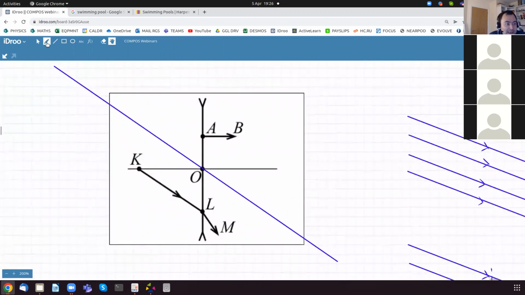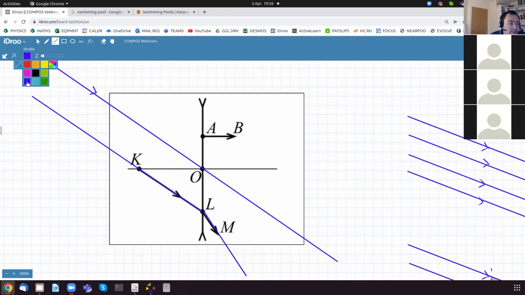So you can see that KL is parallel to this ray. That means the rays that are coming out of the lens, so these two, are parallel. That means LM and this ray will be meeting at the focal plane. And all we need to do is draw this.